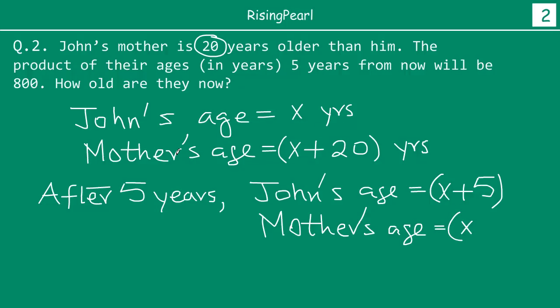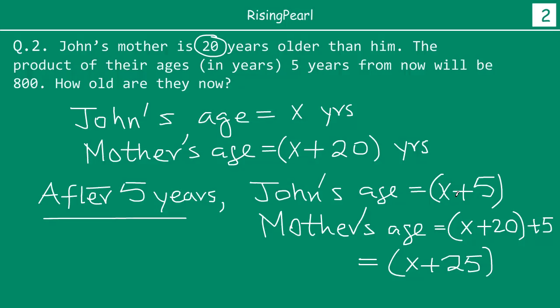Remember that his mother is x plus 20 right now. So it will be x plus 20 current age plus 5, or in other words, her age is going to be x plus 25. So John's age 5 years later will be x plus 5, and his mother's age will be x plus 25.